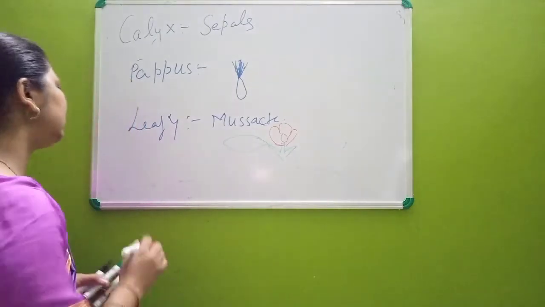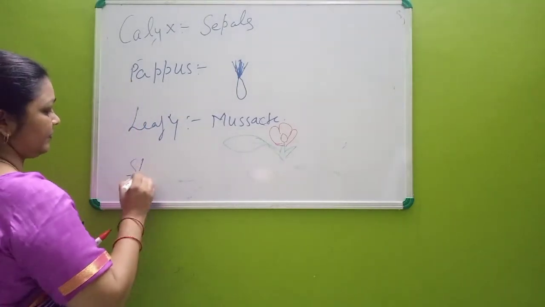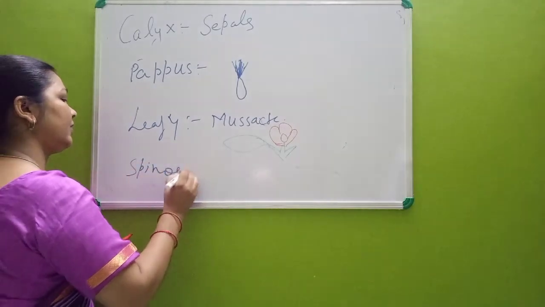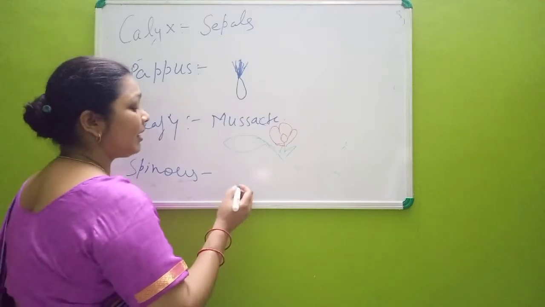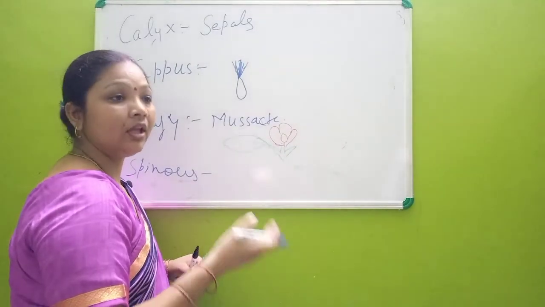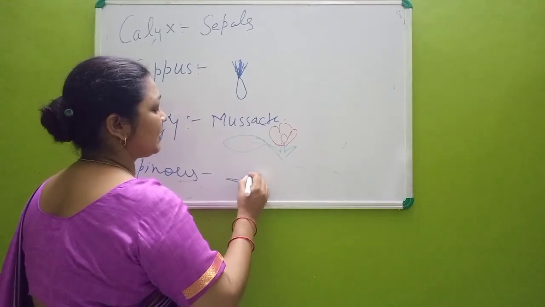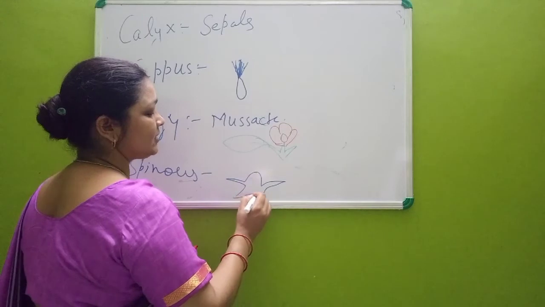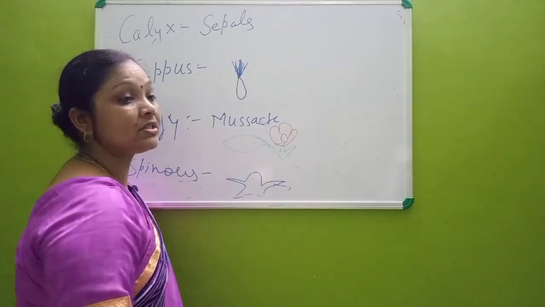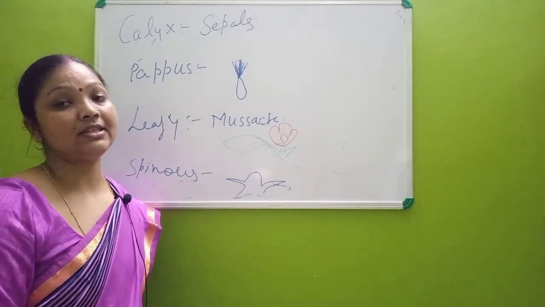The third one is spinous. You know the example of Trapa, that is singhada. In Trapa you see a spine-like structure. This is the edible part, and these are the spine-like structures. This is nothing but a modification of calyx, that is sepals.